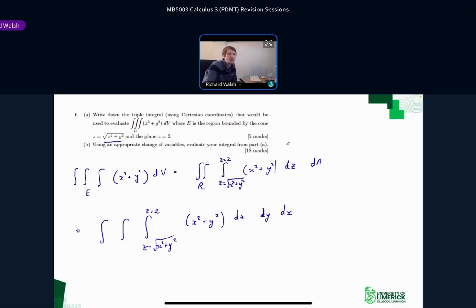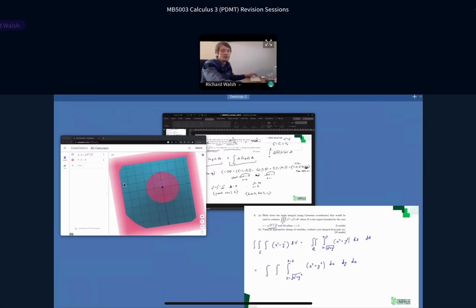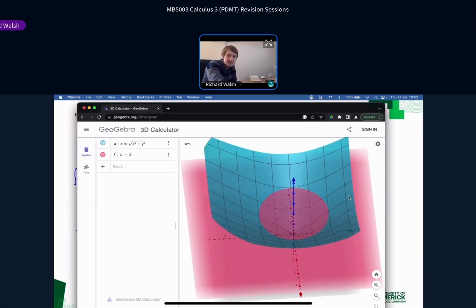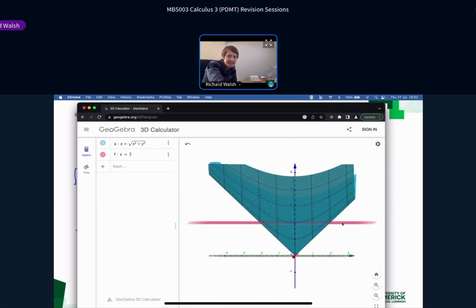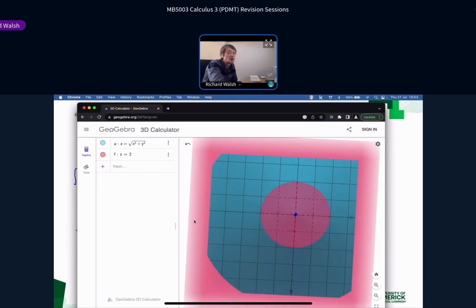But if you're not too sure about the circle, the circle is built from intersecting the plane z equals 2 with the cone. It's the intersection of those two surfaces that builds this circle.